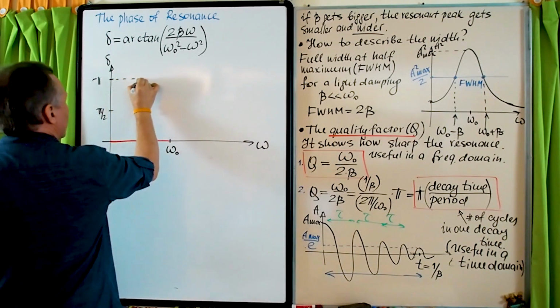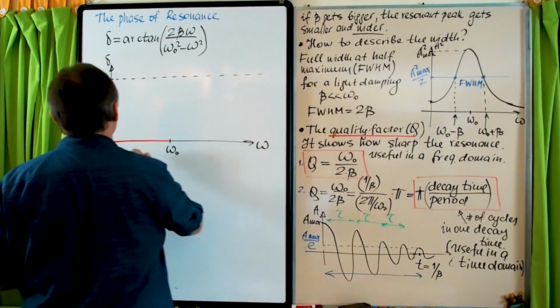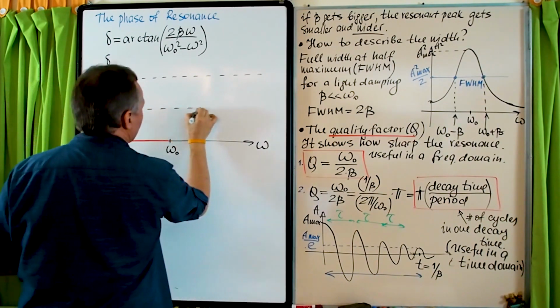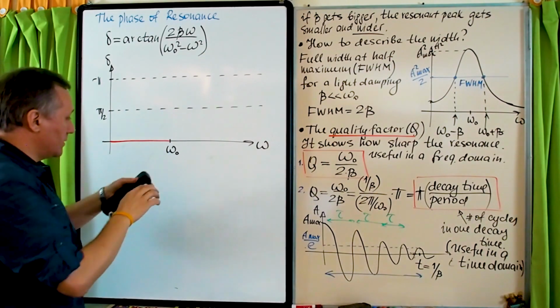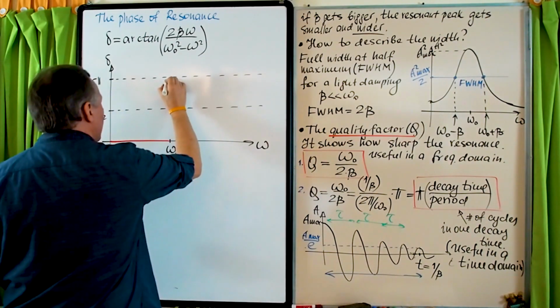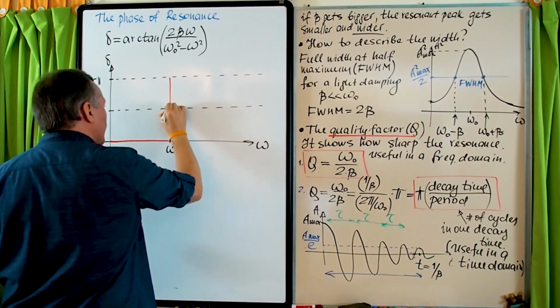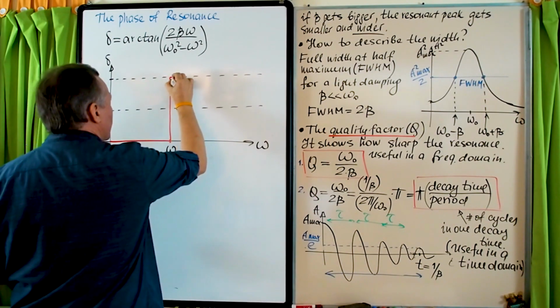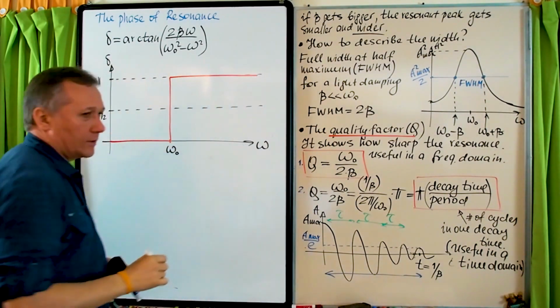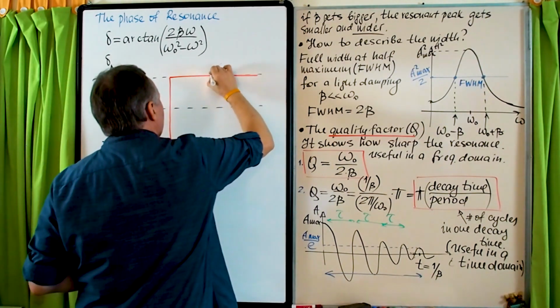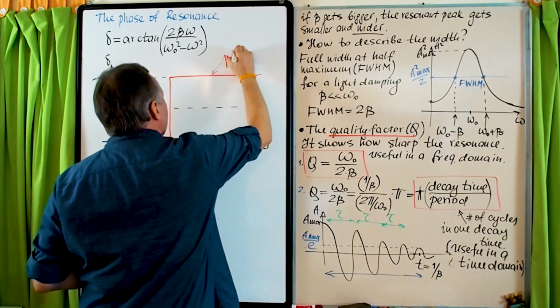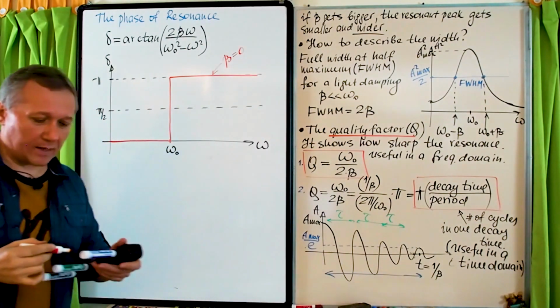Let me draw the asymptote. So at the resonant frequency, there is a sharp transition, and the phase changes by pi. This is when beta equals 0, no damping.